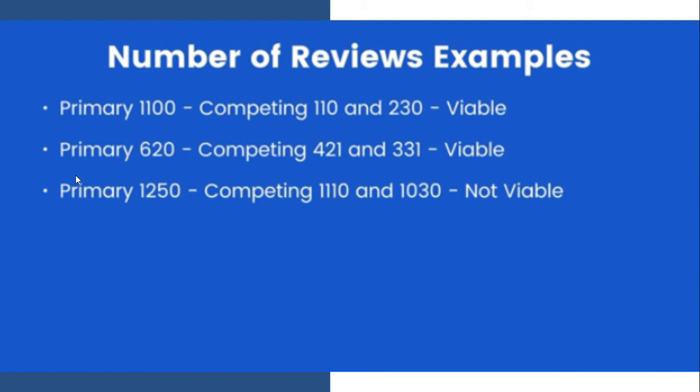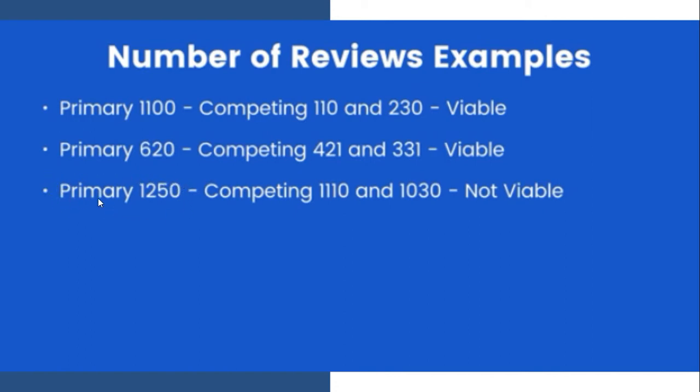But look at this, guys. If your primary product has, let's say, 1,250 reviews, or for example 1,000 reviews, your first competing has 1,110, okay, your second competing has 1,030. Definitely this is not viable. Why? Because guys, all these figures are high. It means the primary product is what you want to sell, right?